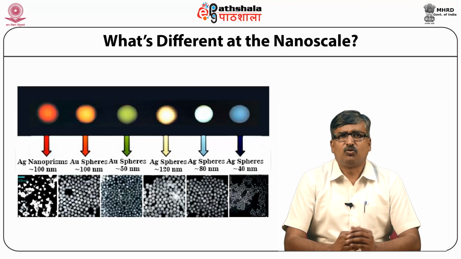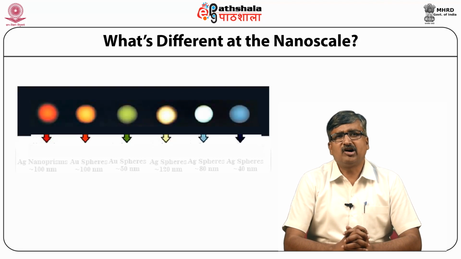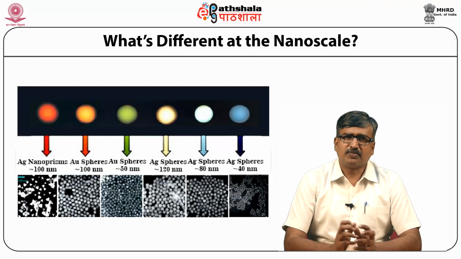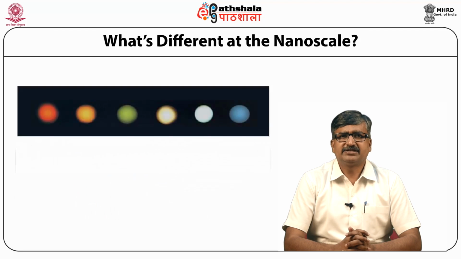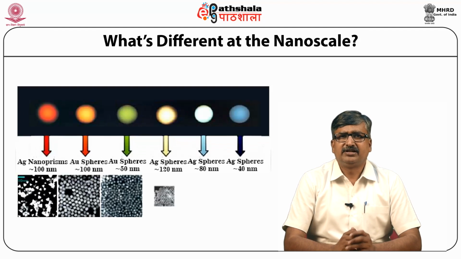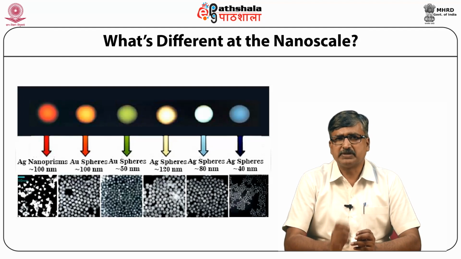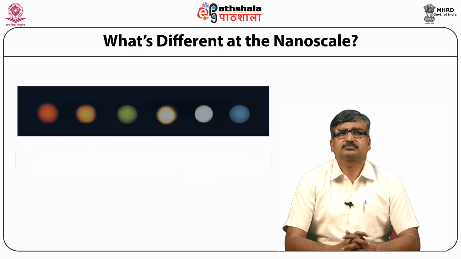Nanoscale gold illustrates the unique properties that occur at nanoscale. Nanoscale gold particles are not the yellow color with which we are familiar. Nanoscale gold can appear red or purple in color.